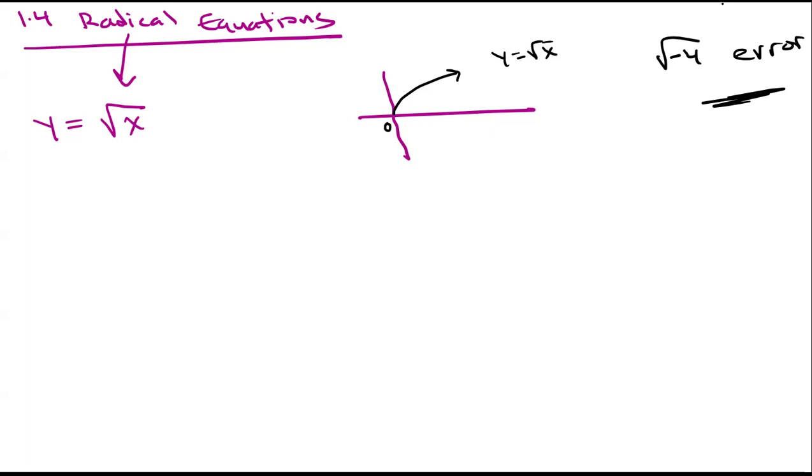Because then you'd be taking the square root of a negative number. Look at the graph. Why would it give us an error if we typed in square root of -4? The graph only shows positive values.